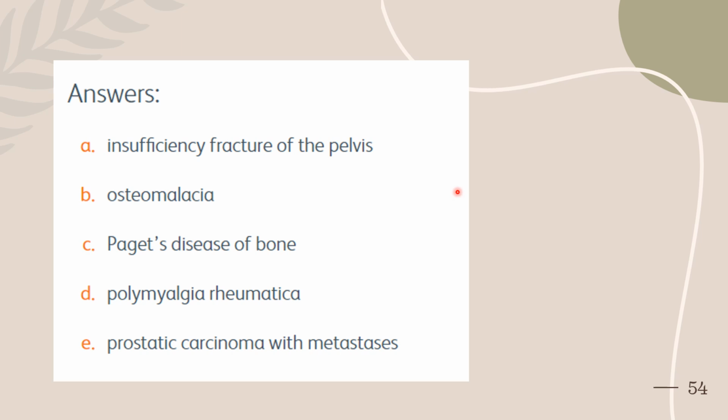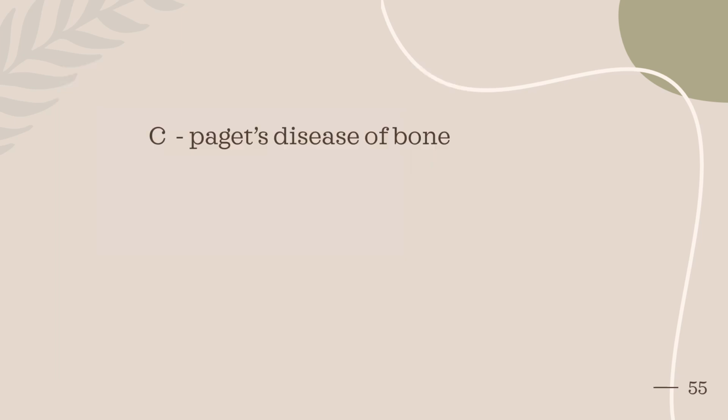So the options are insufficiency fracture of pelvis, osteomalacia, Paget's disease of bone, polymyalgia rheumatica, prostatic carcinoma with metastasis. Prostatic carcinoma, I told you, PSA level is not that high. Paget's disease can have a raised ALP with normal calcium. Osteomalacia can have deficiency in calcium. So this option could be Paget's, because Paget's can present with bone pain.